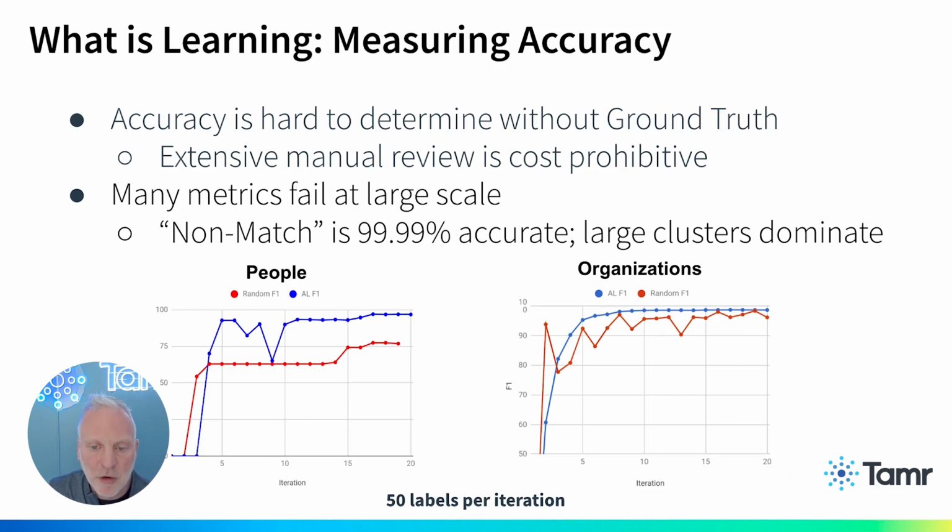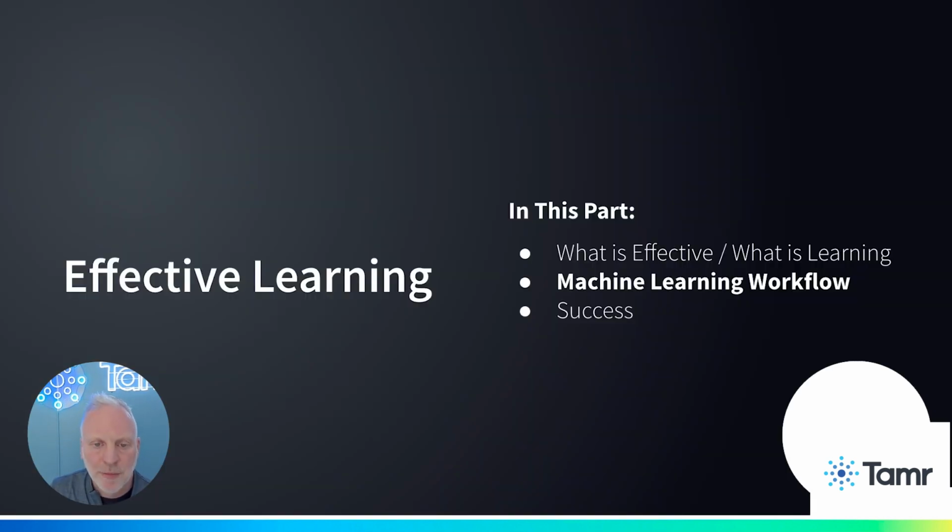Getting a single large cluster correct has k-squared correct pairs, and other smaller clusters will be lost in that accuracy measurement. So it's really hard to measure accuracy at scale, but learning really is about increasing accuracy over time and maintaining that accuracy stable over change.